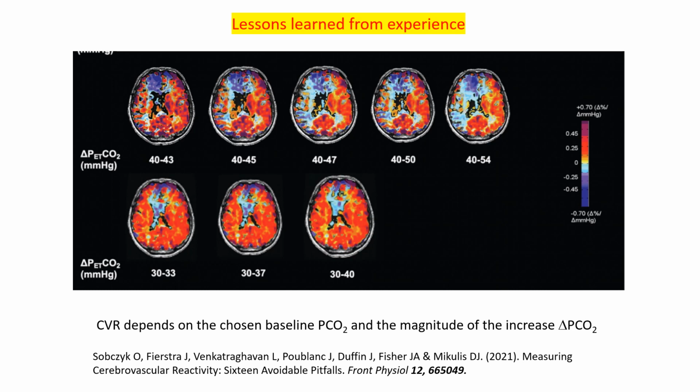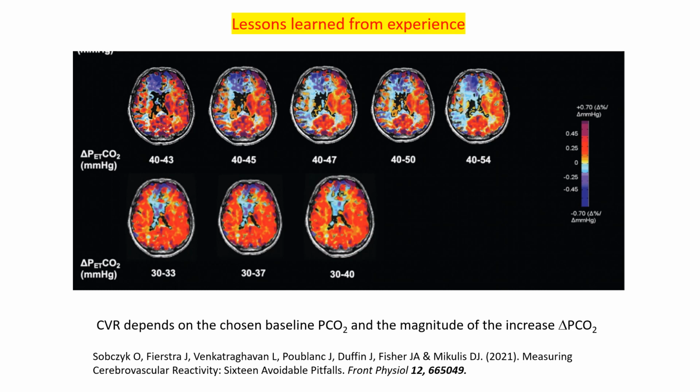In addition, the choice of baseline is important. Comparing the top row CVR maps with a 40 millimeter mercury PCO2 baseline with those of the bottom row with a 30 millimeter mercury PCO2 baseline and the same 10 millimeters of mercury change demonstrates the effect on CVR.